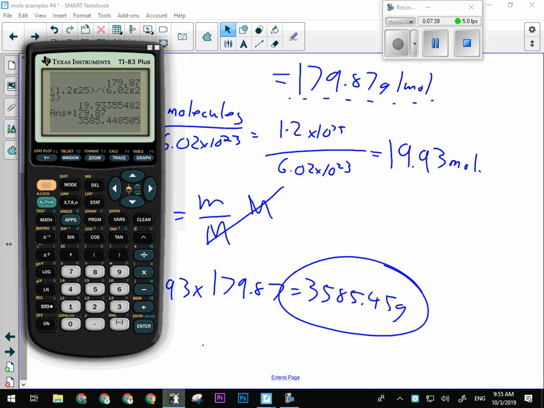I want to round this number, 3585.448, to 2 decimal places. Why did I round up? Because the number immediately behind the one I was keeping was 5 or bigger, right? That's the rule. But I've got people messing that up left, right, and center right now, and I don't know why. I also have people doing this.